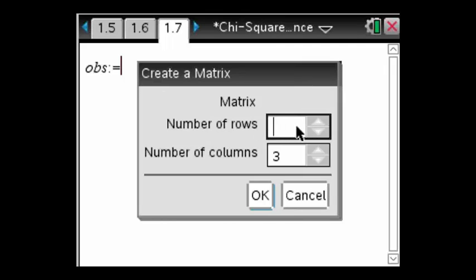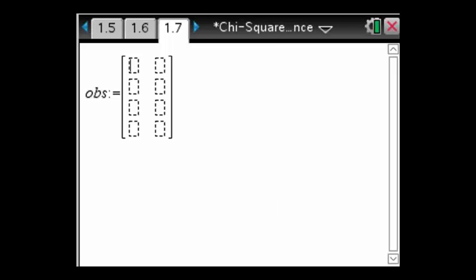I think it was 4 rows and 2 columns, so we press OK. So that's our observed frequency matrix template.